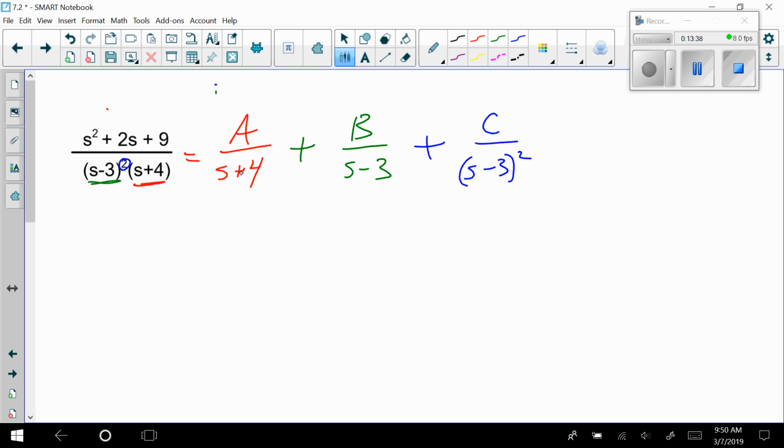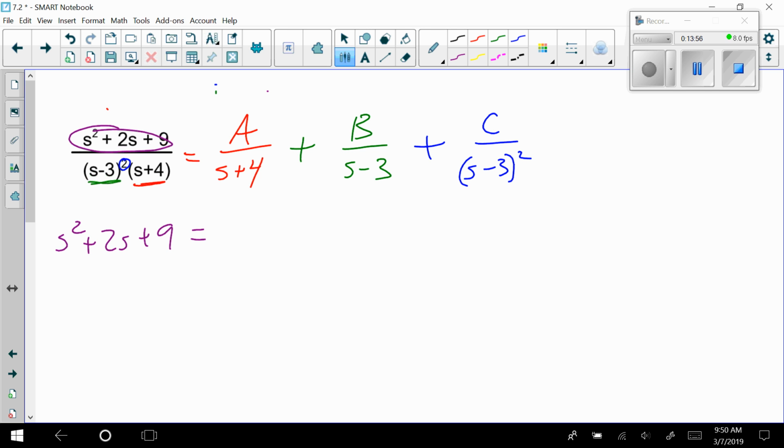here I would have this top side. So maybe here I'll start at this. I have my top right here. This top is s squared plus 2s plus 9. Now it should equal the tops, if I'm splitting out the bottom perfectly.